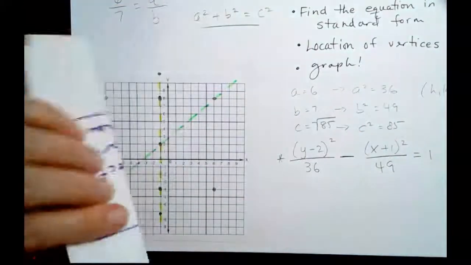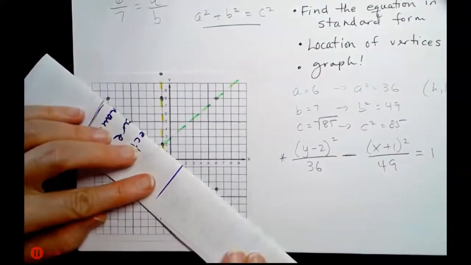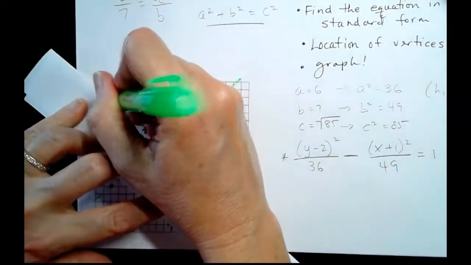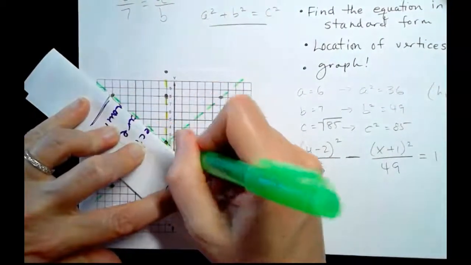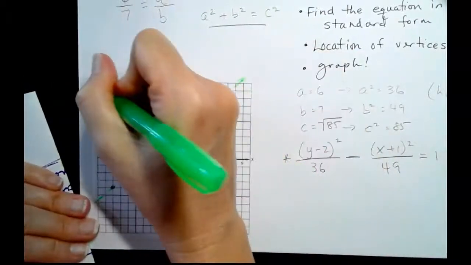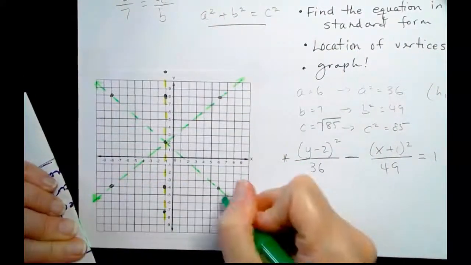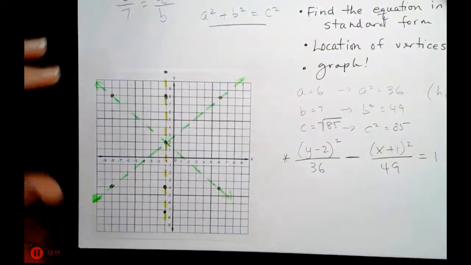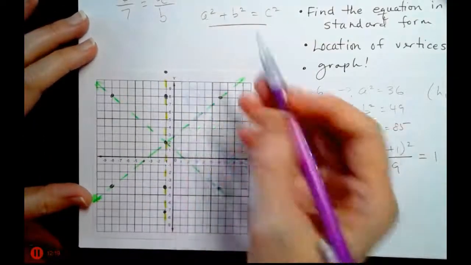There's the first one. Once again, they're auxiliary, so be sure they're dashed or broken since they are technically not part of the graph. All right, so there's my asymptotes. I've got my vertex.